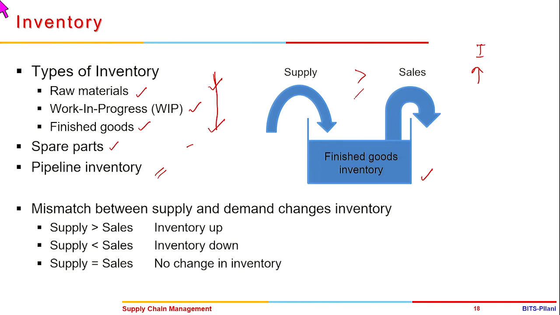And if your supply is less than sales, then your inventory will come down. And in case supply is equal to sales rate, in that case, there will not be any change in the inventory. If inventory is 500, it will remain 500, and if it is 0, it will remain 0.